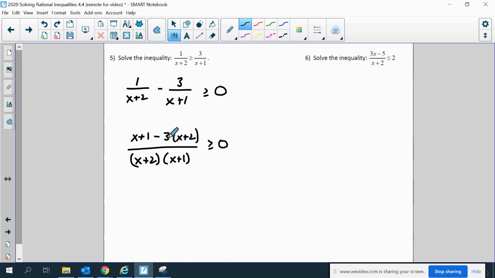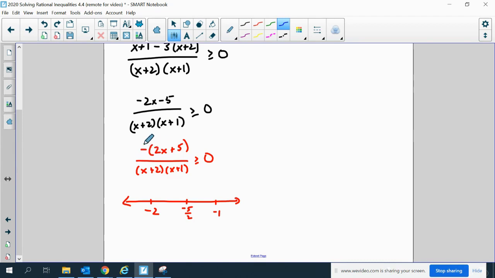So then if I distribute, I will end up with negative 2x minus 5 over x plus 2, x plus 1. And that would happen if I distributed x minus 3x gives me negative 2x, 1 minus 6 gives me negative 5. That has to be greater than or equal to 0.